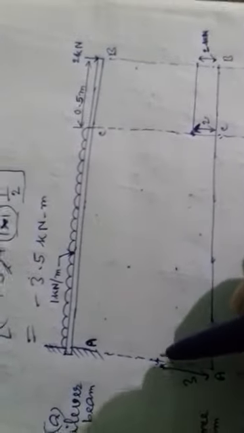Now add these 2 points. According to the rule, between point A and C there is a UDL present. So for UDL the shear force diagram will be an inclined straight line.